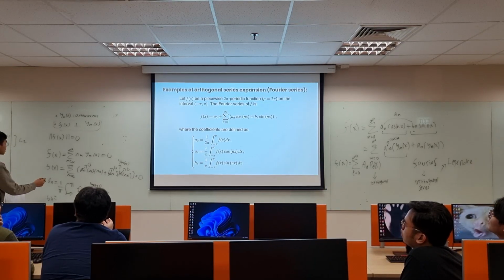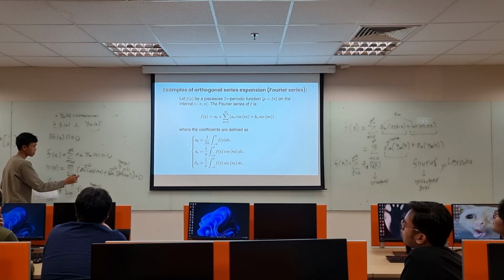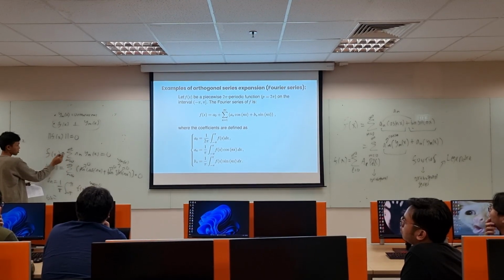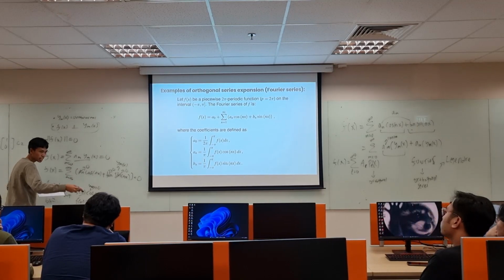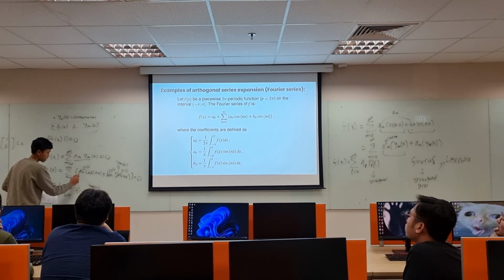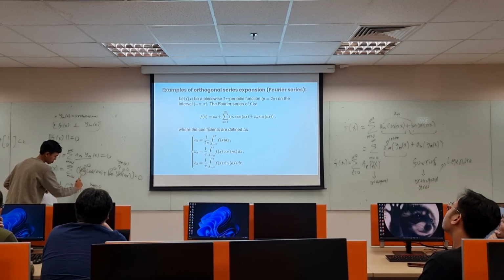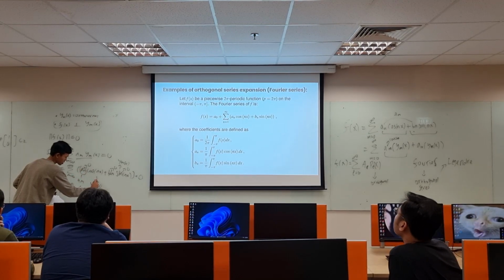As I've said before, this is a general orthogonal series, and the Fourier series is included in that. So it's basically saying that am is ymx.